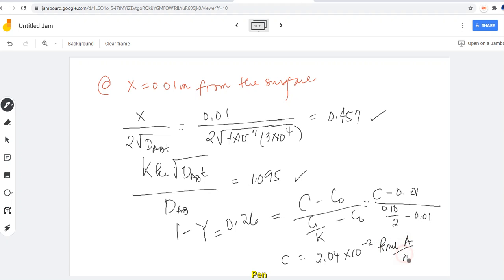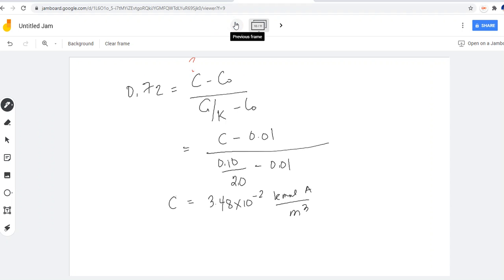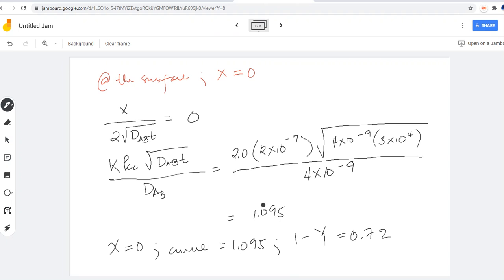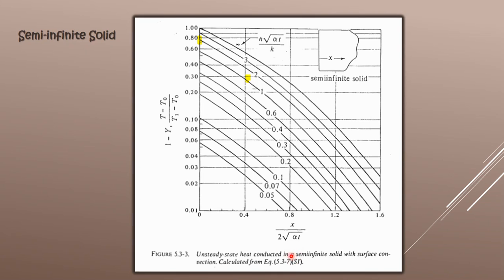In the previous, I was reading a value of 1.95. It's actually 1.095. So this one is not 0.72. But if we go back to our curve, it's just a little bit above here. So that would be 0.62, not 0.72. So 0.62 that is.